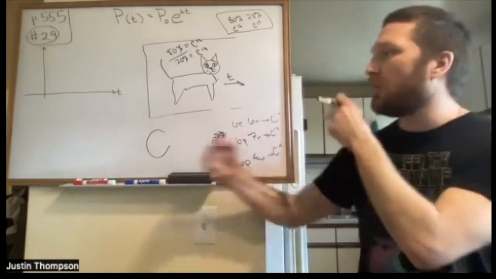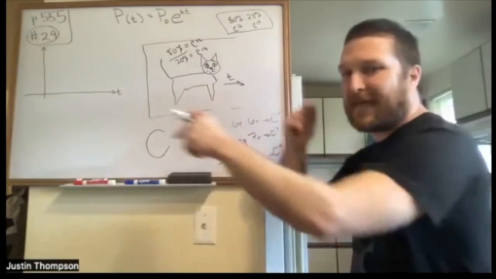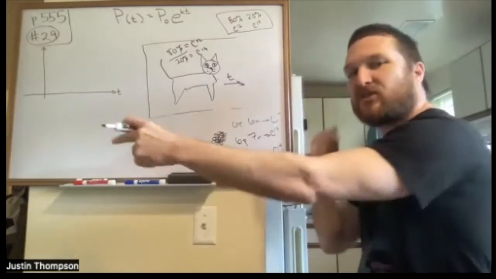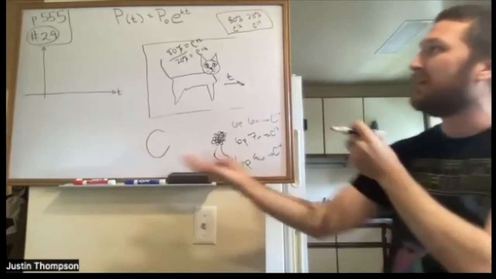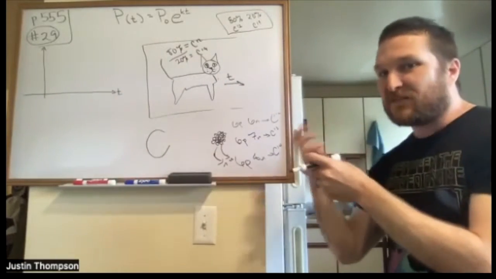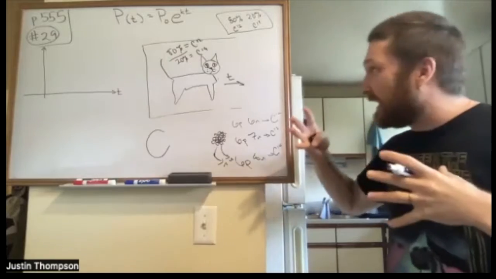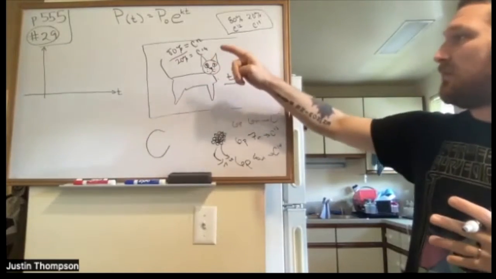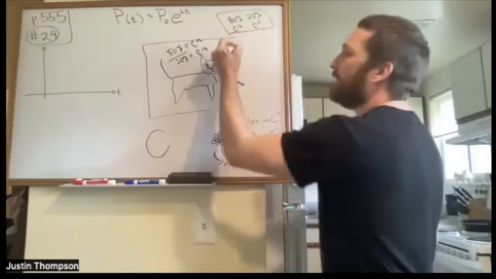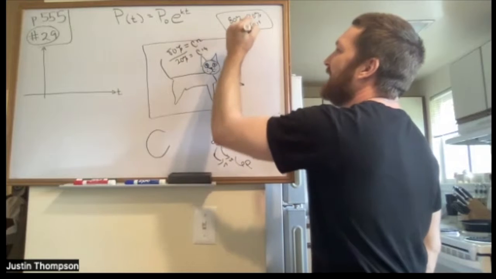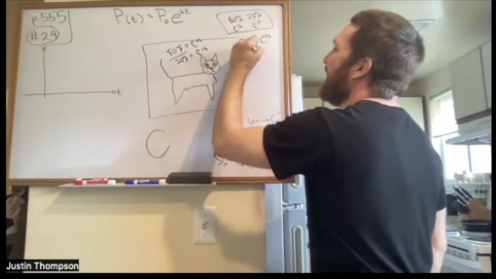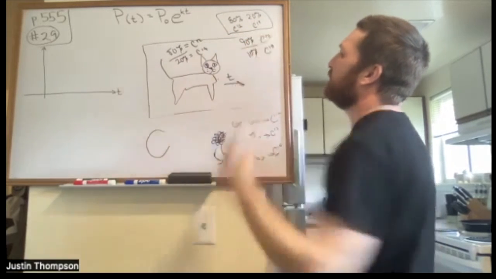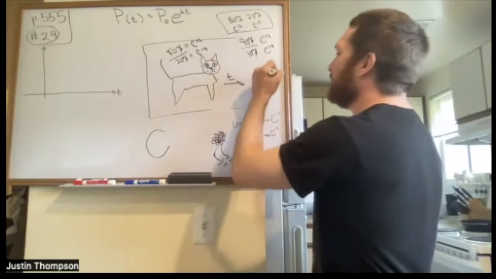But now there's no exchange. That was already going on while the cat was alive, but now it's not getting that new 80-20 proportion. And so now it's starting to accumulate carbon-12. As time goes on, eventually we have, say, 90% carbon-12 and only 10% carbon-14. So we have a dead cat.